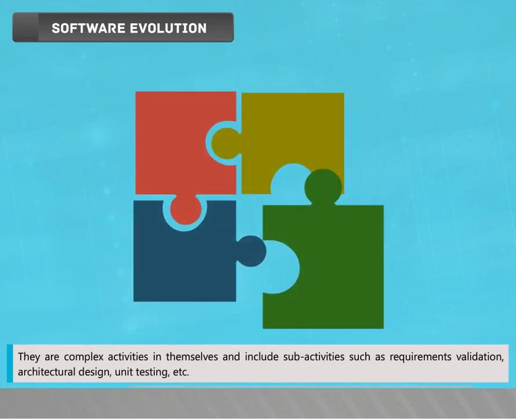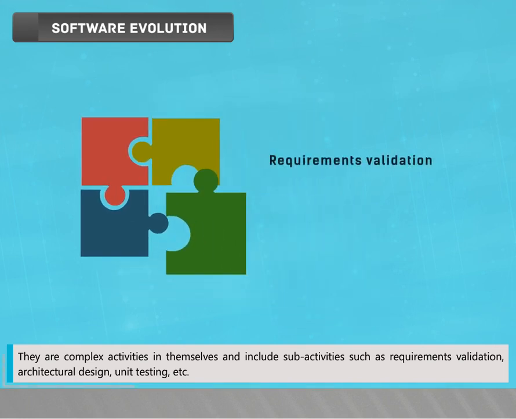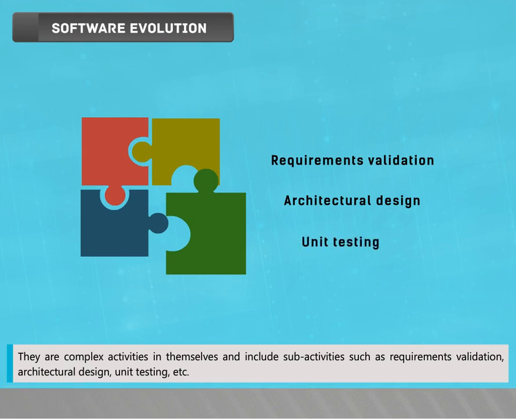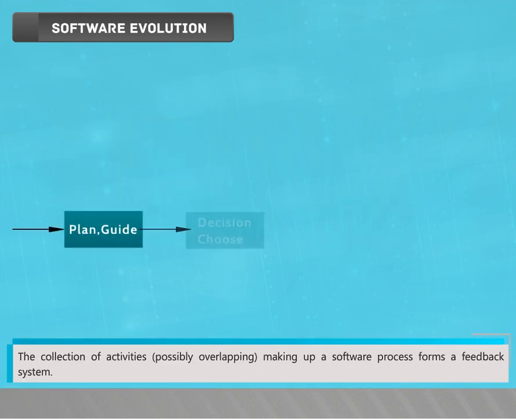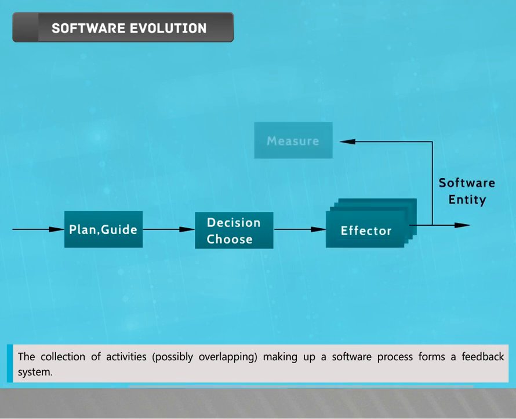They are complex activities in themselves and include sub-activities such as requirement validation, architectural design, unit testing, etc. The collection of activities, possibly overlapping, making up a software process forms a feedback system.